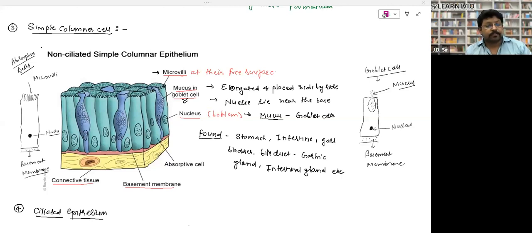Full stop. Nuclei lie near the base of the cell. Full stop.